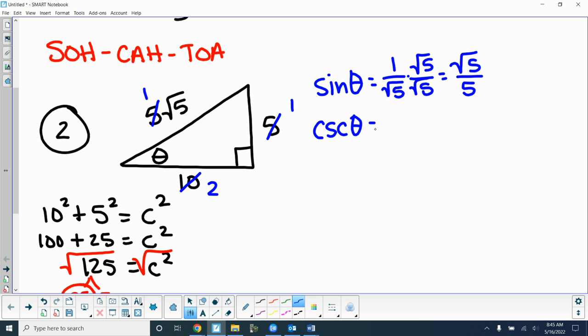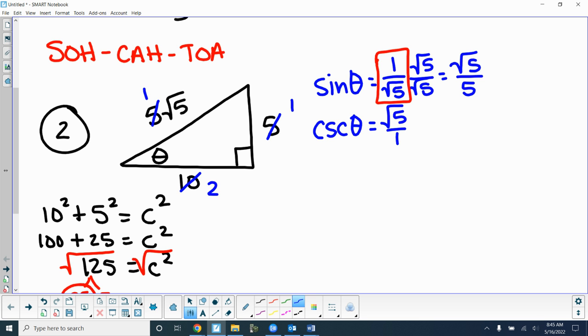So I just do that right away. And I just do the original fraction, not the final fraction, because if I flip this one, then I gotta rationalize again, right? So I just flip that, so it's radical 5 over 1, which is just radical 5 if you want to leave it. So there's the first two of the 6, okay?